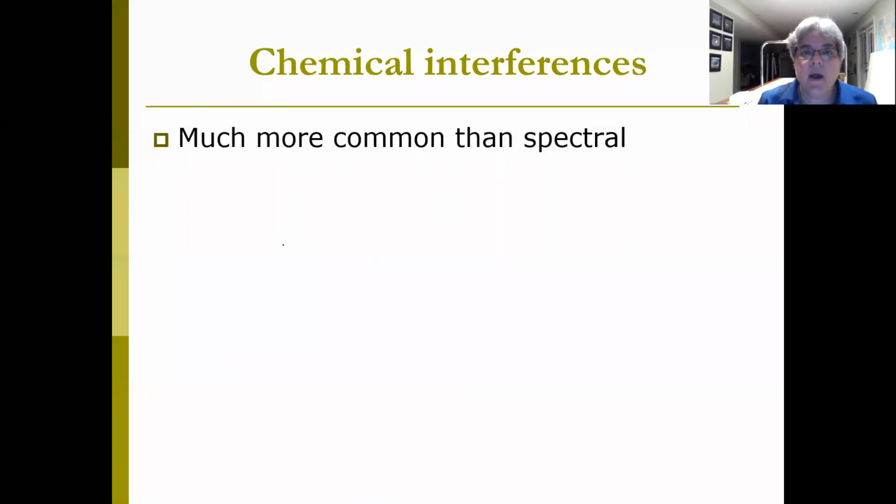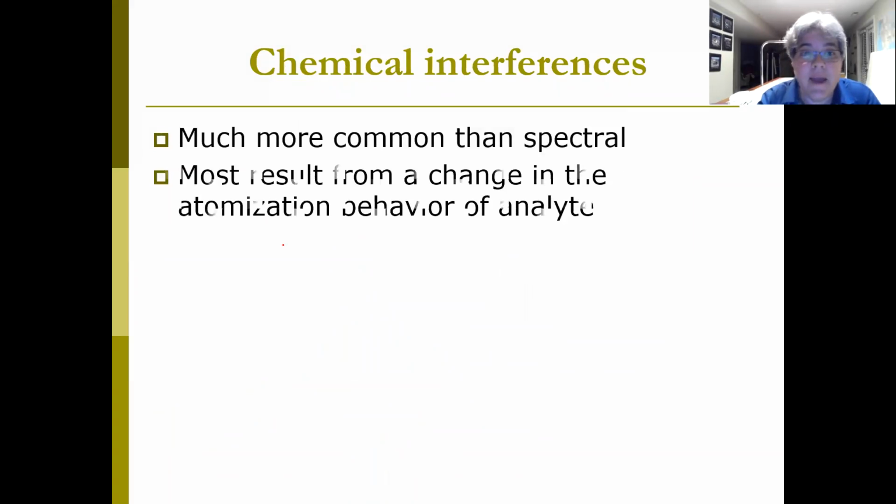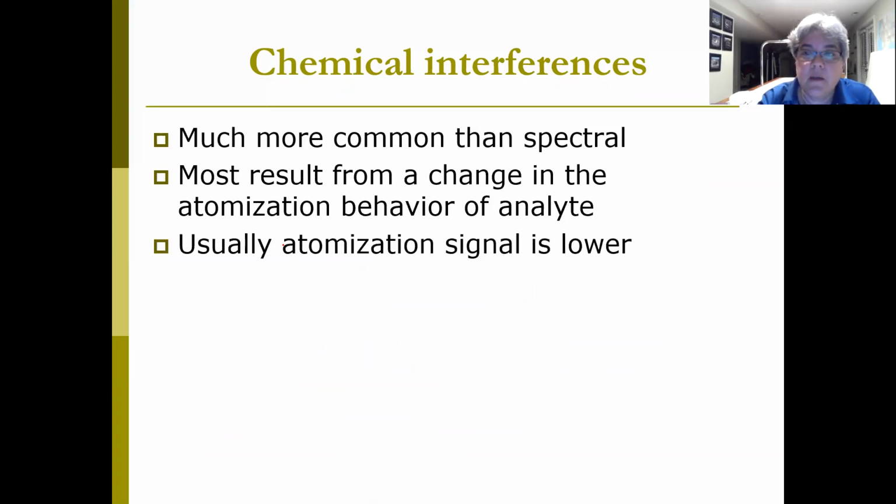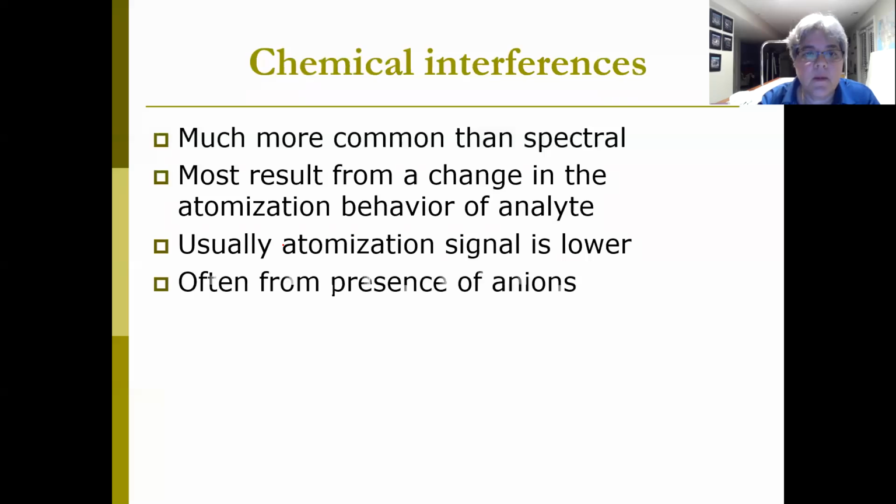Okay, now the other kind of interference, chemical. Now, actually, these kind, chemical, are much more common than spectral for AAS, especially flame AAS. And usually, again, it causes a change in the atomization behavior of the analyte. Usually, the atomization signal is lower.